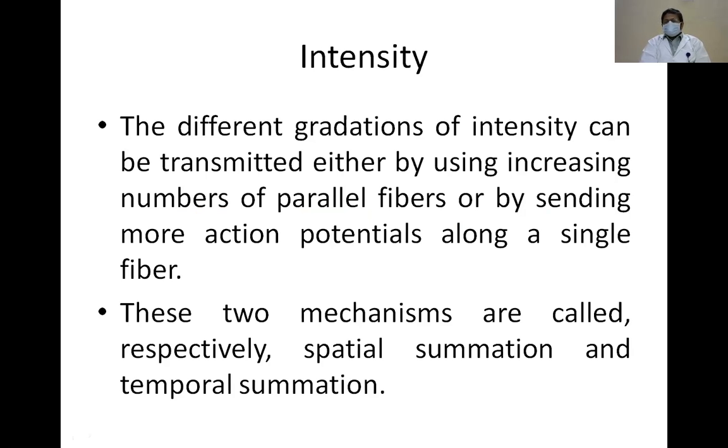The different gradations of intensity can be transmitted either by increasing the number of parallel fibers or by sending more action potentials. Increasing the number of parallel fibers is spatial summation. Increasing the number of action potentials is temporal summation. These are the two mechanisms.